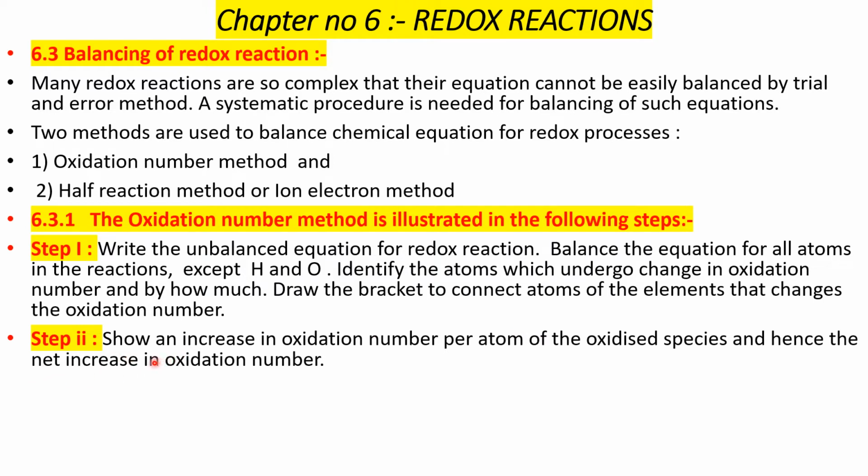In the second step, show the increase in oxidation number per atom. Firstly, you have to show this in the oxidized species, and then the net increase in oxidation number.